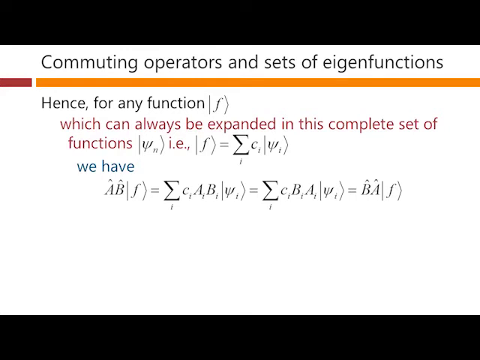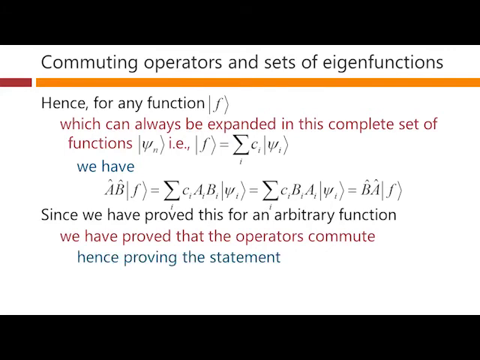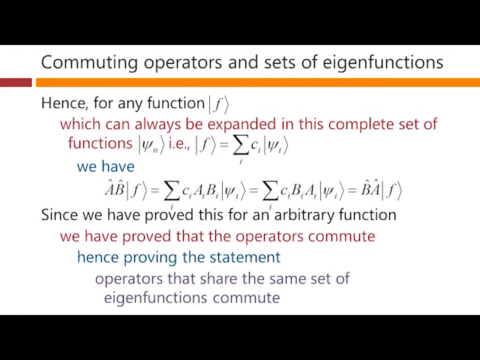And we know that that's the result of B after A operating on f. We could similarly check that out. Since we've proved this for an arbitrary function, that A after B operating on f is equal to B after A operating on f, then we've proved that the operators commute. Hence, we've proved our statement that operators that share the same set of eigenfunctions commute.